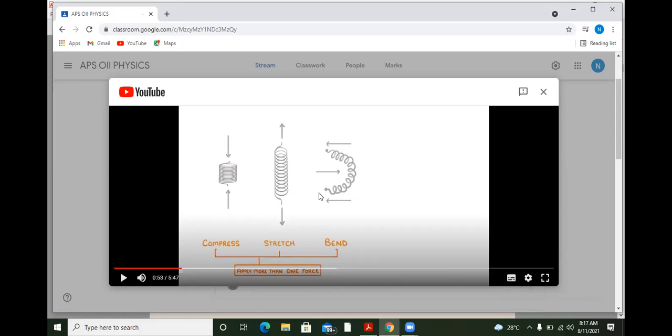The forces may be of many types at a single point. It may be compressed, stretched, or bent.